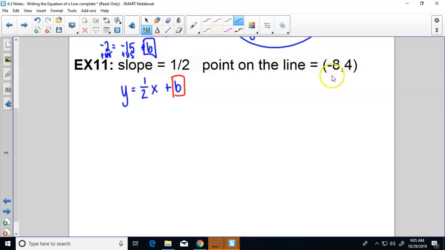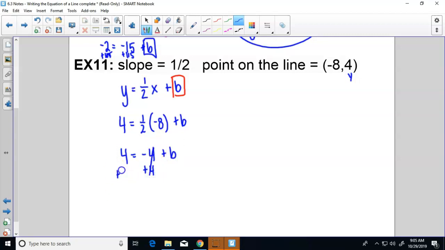Okay, good. So let me write that down. This is our y coordinate, so 4 equals 1/2, and then the x is -8, plus b. Looks very good. And then what did you say after that? So 1/2 times -8 is -4.